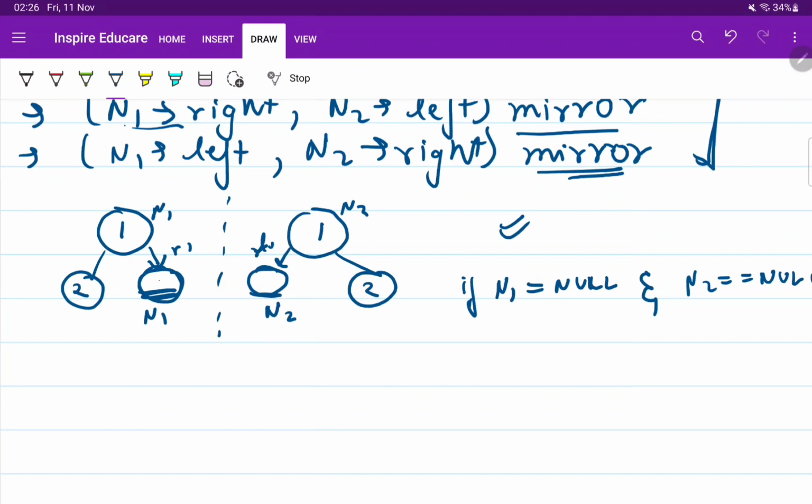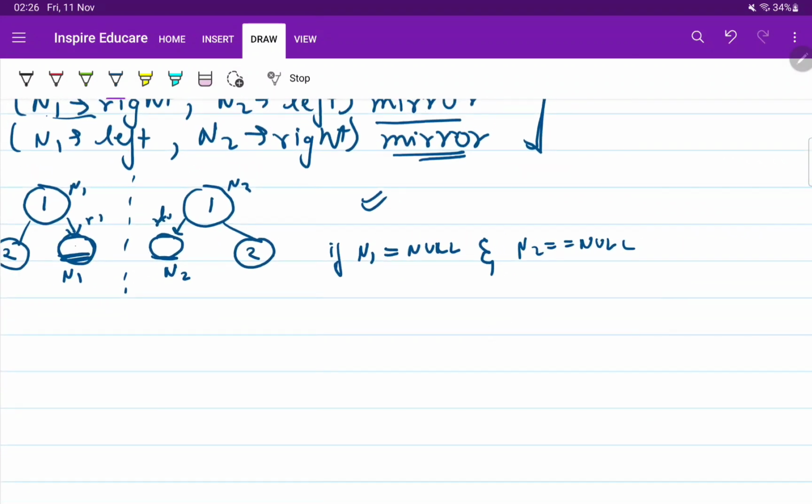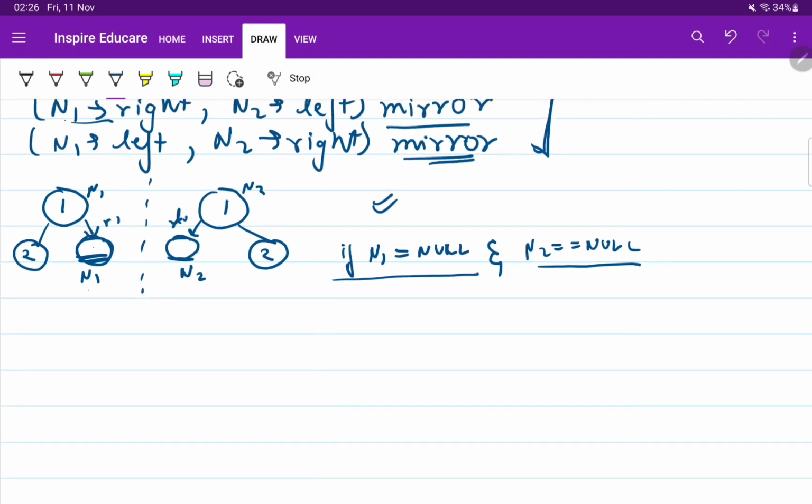We don't have any values here. So if I write this case, like if N1 is equal to null and N2 is equal to null, that means these are mirror to each other because there is nothing, right? If there is nothing, that means they cannot be non-mirrored. They are of course mirrored. So if this is the case, it will return true.